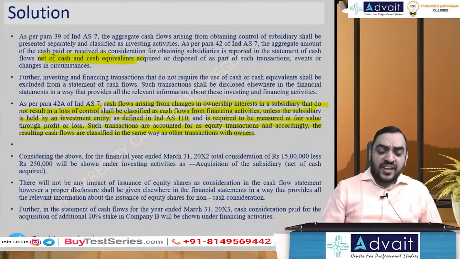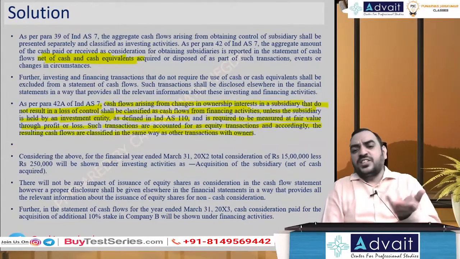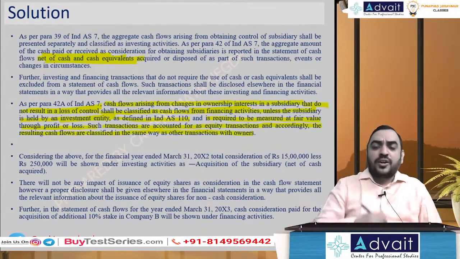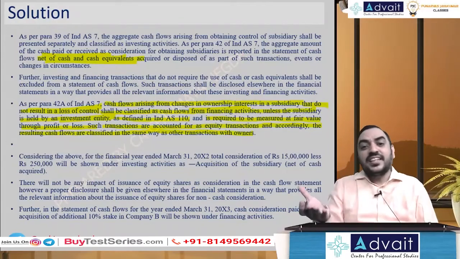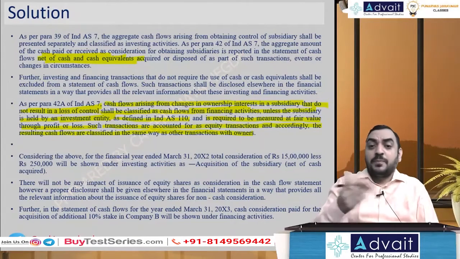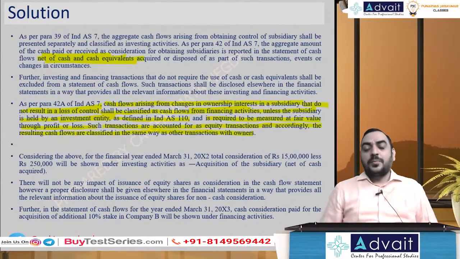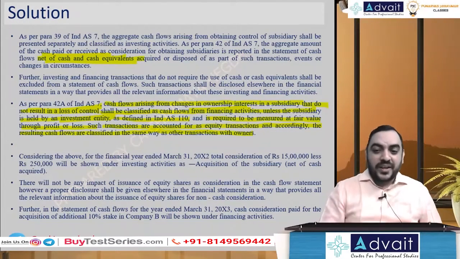Exception is there. If it is an investment entity, we don't do consolidation also. And therefore, it will be part of investment. After all, the name is investment entity. If you make any change, it will be part of investments. For an investment entity, the consolidation process doesn't apply. Hope you get the point.